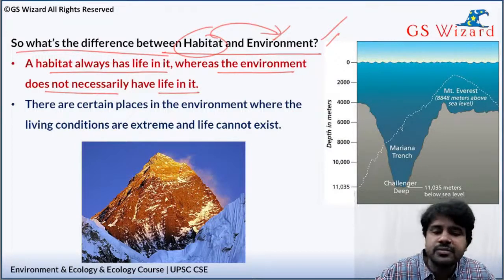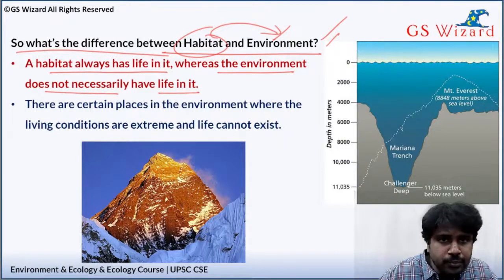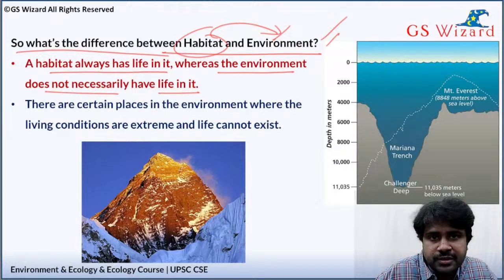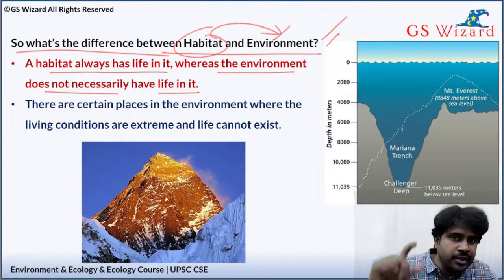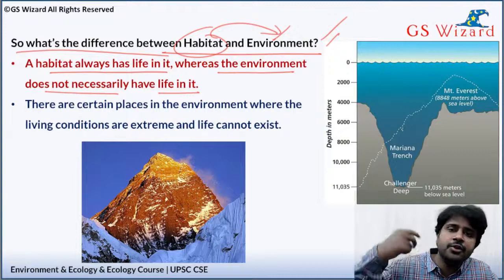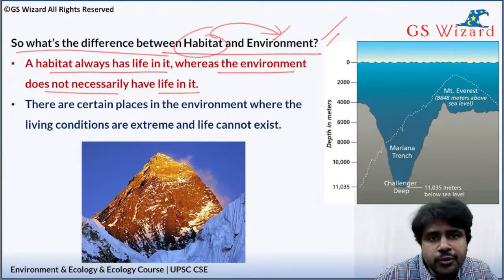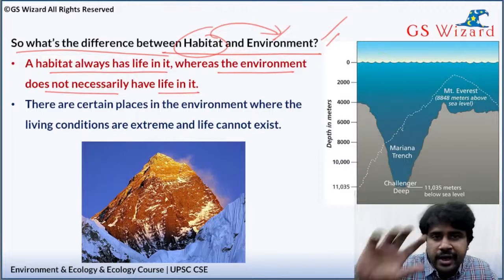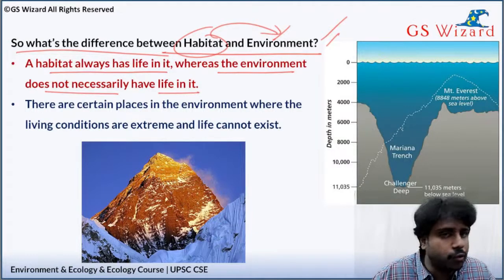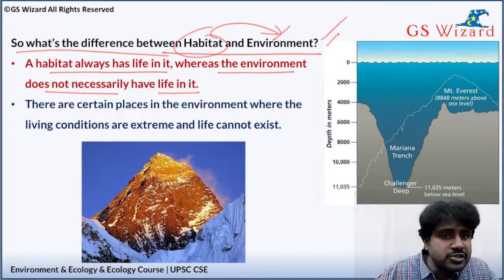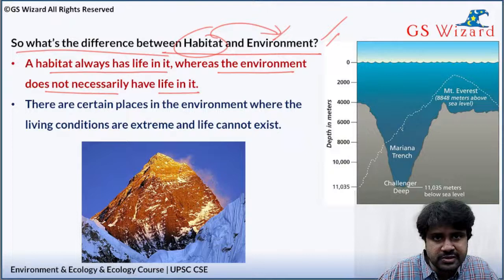For example, the bottommost layer of the atmosphere is the troposphere, and then you have the stratosphere, and then the mesosphere, thermosphere, exosphere. Now, do you think that life can exist in the exosphere or thermosphere? No. But even those layers of the atmosphere are still part of the environment. But there the conditions are too extreme for life to exist.